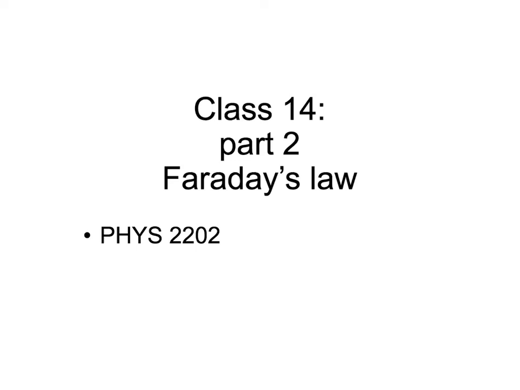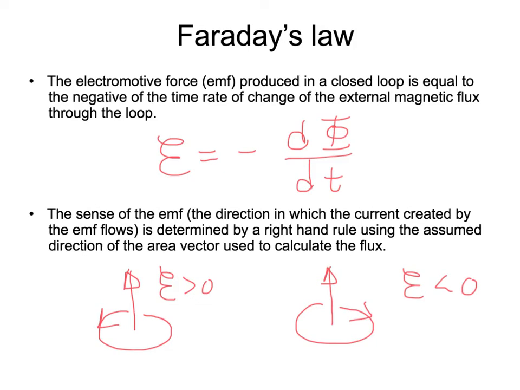Okay, now we're going to talk about Faraday's law, which is the mathematical formulation of Lenz's law. Faraday's law says that the electromotive force, or the EMF, produced in a closed loop is equal to the negative of the time rate of change of the external magnetic flux through that loop. So this term right here is the same flux that we've been using.